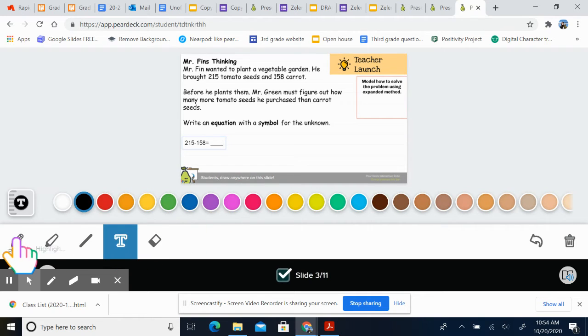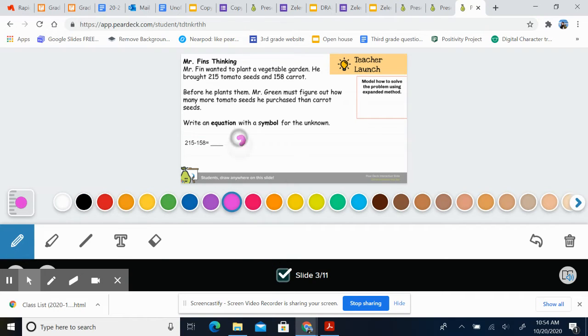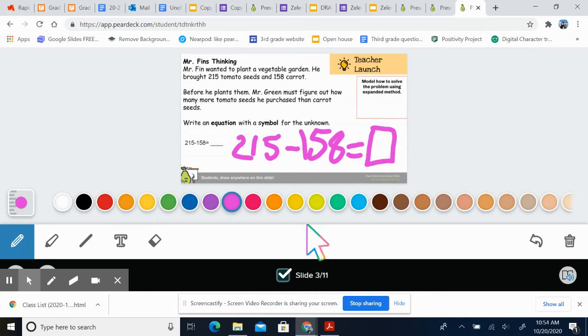When we are drawing and we're not using a device, we would just do 215 minus 158 equals, and our unknown will always be a box, for trying to solve the difference, the answer to a subtraction problem.